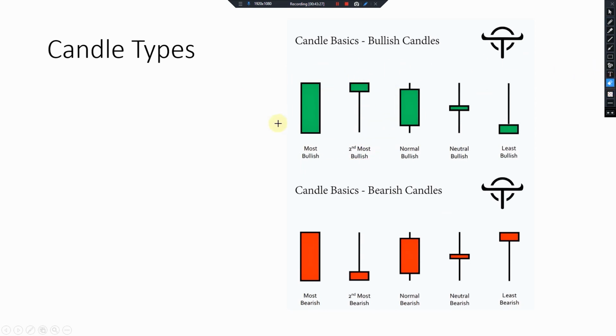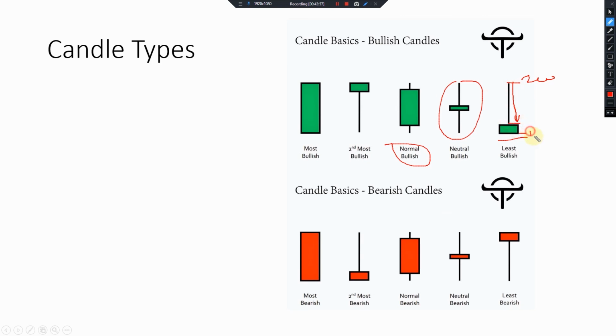I'll make separate videos on each candle. For this video, just know the types of bullishness. This is a normal bullish candle, and this is a neutral candle, meaning no bias. We can't decide whether buyers or sellers were stronger. This is the least bullish, meaning there are so many sellers, because when the price came to 200, for example, there were so many sellers sitting there to sell the shares, and immediately the price came down and closed here.